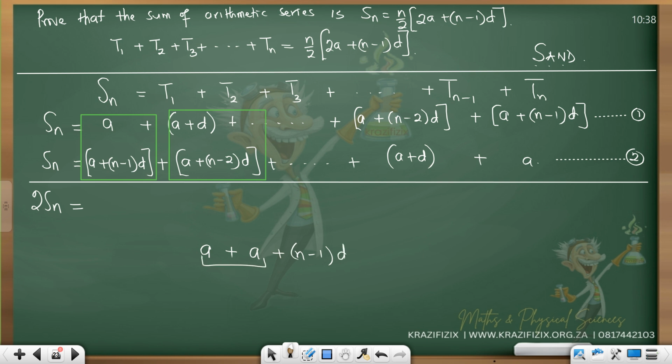Do you notice what a plus a would be? 2a plus n minus 1d. Plus, do you remember something that Rotambo asked me? Once we do that, what happens? I'm going to get the same thing throughout. You remember that? So it means that all of this would be the same.